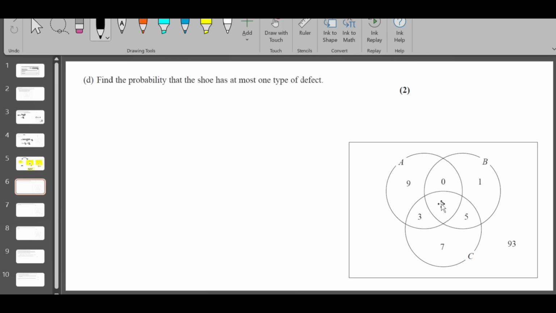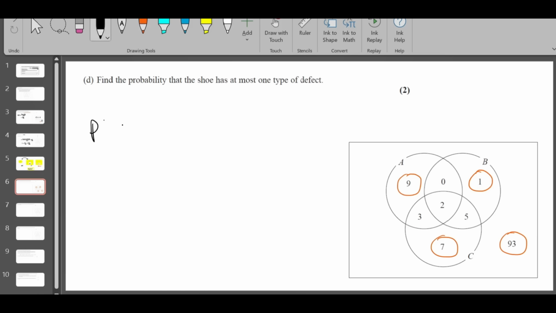Part D now. Find the probability that a shoe has at most one type of defect. They want you to find at most one. Maximum the shoe should have only one defect, minimum 0 defects. So you need to take all the figures from here. 9 shoes has defect A alone, 1 has defect B alone, 7 has defect C alone, and 93 has no defect.